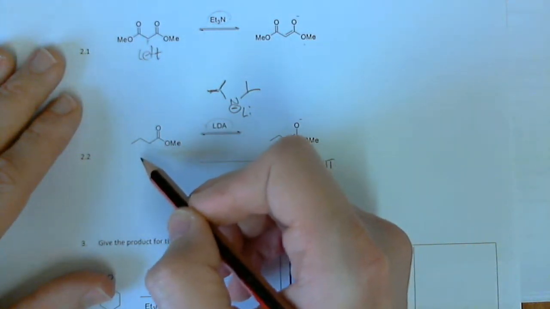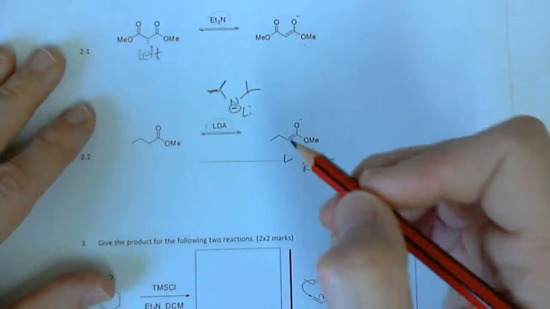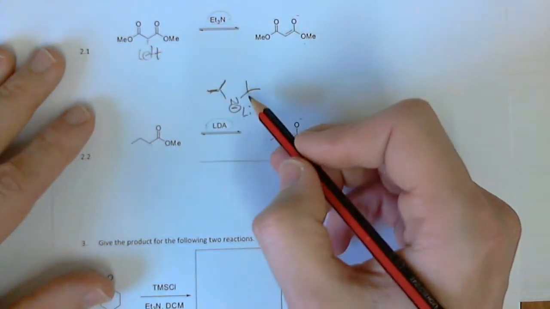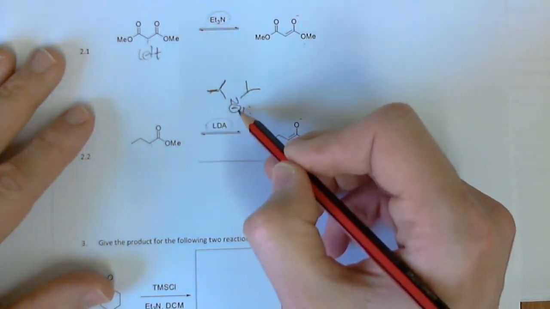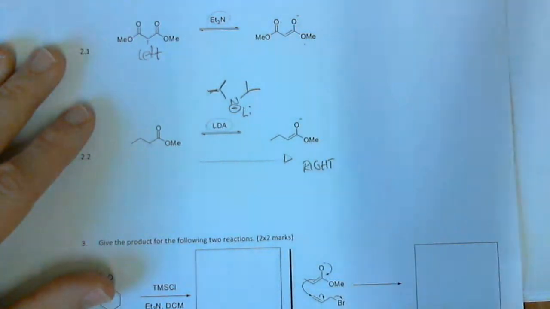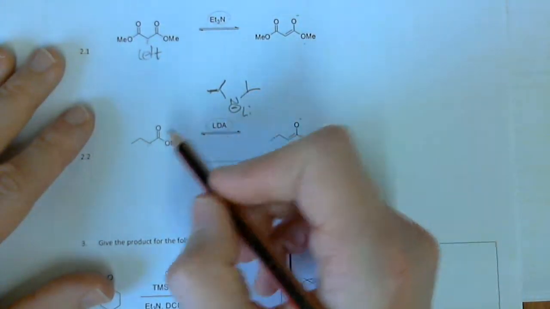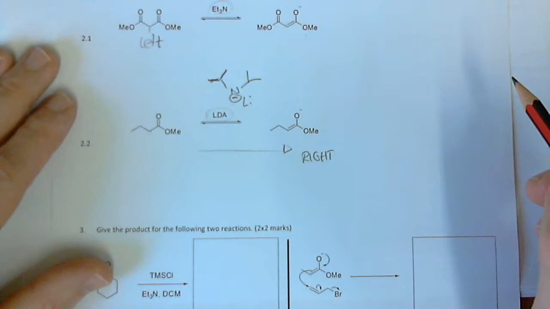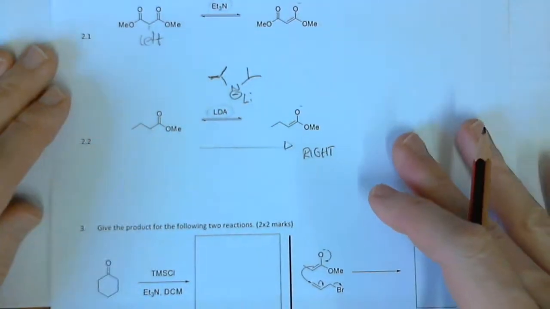And these are between 20 and 25. And the pKa of the conjugate acid of this is around 40 or 36 or so. So it's much stronger. All right, so it moves over to there.